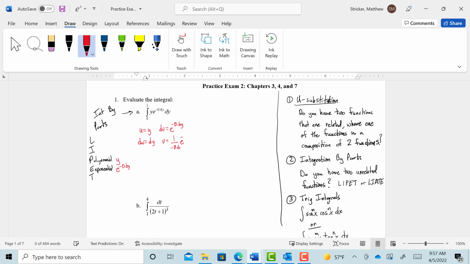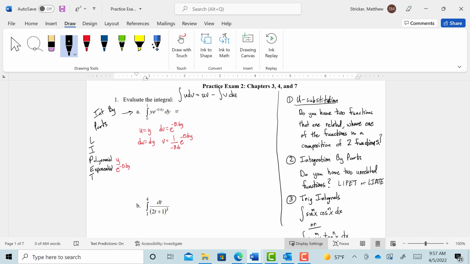We have e to the negative 0.6y. So remember, the integral of u dv equals uv minus the integral of v du. So we have uv, we have negative 1 divided by 0.6. And when we divide by 0.6, that's 5/3.